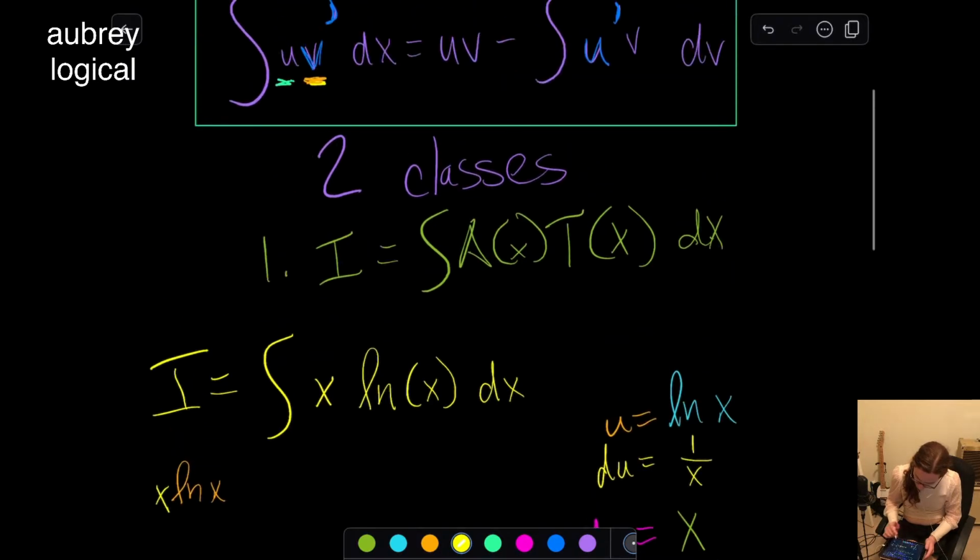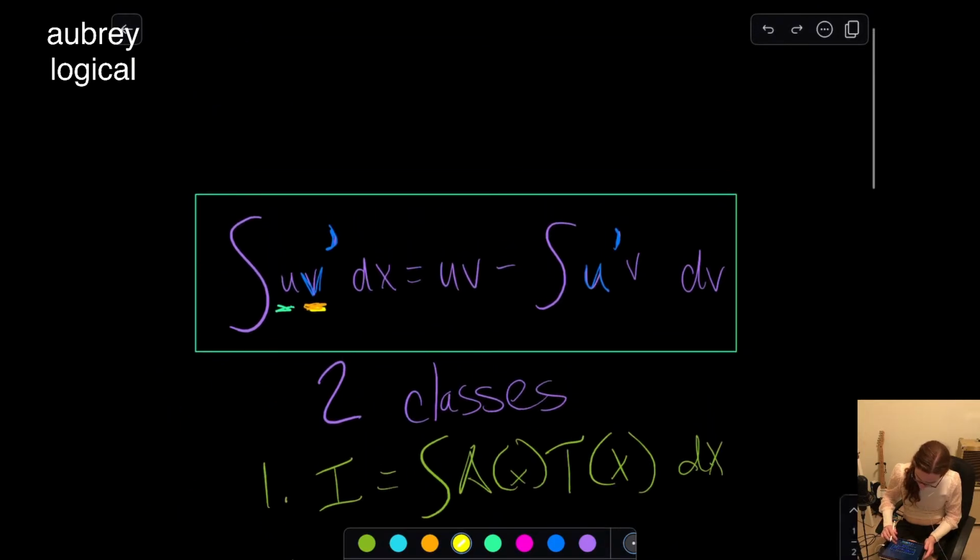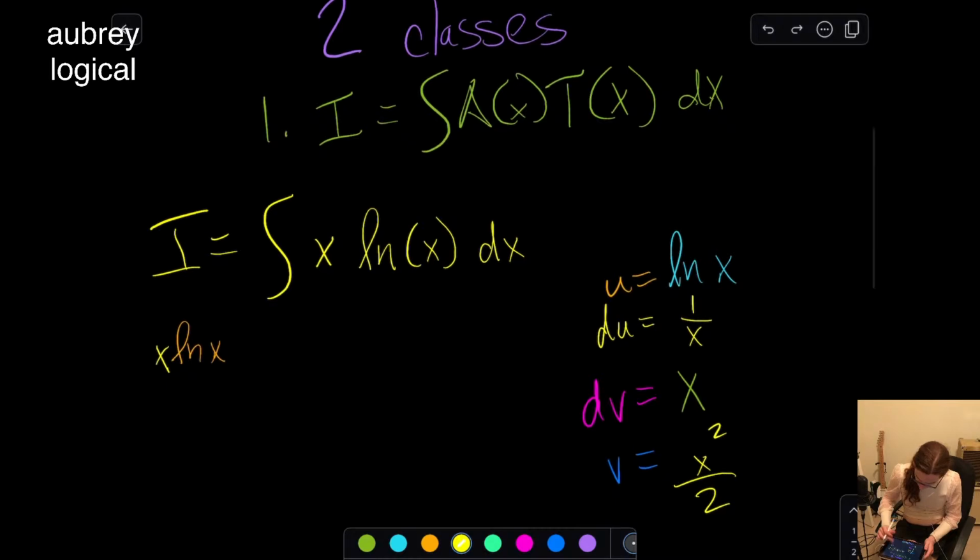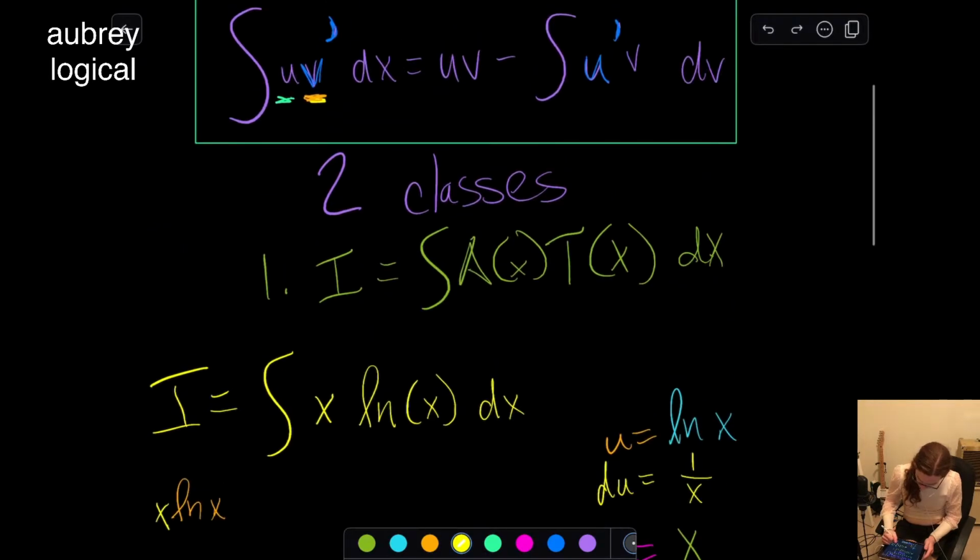So we've got u times the derivative of v dx. And that's going to be our original problem.